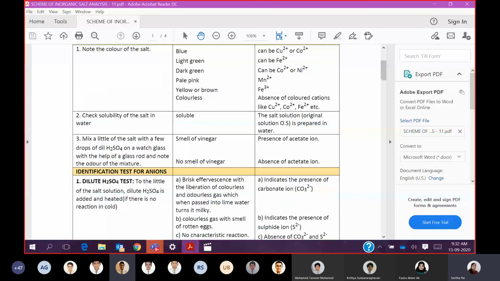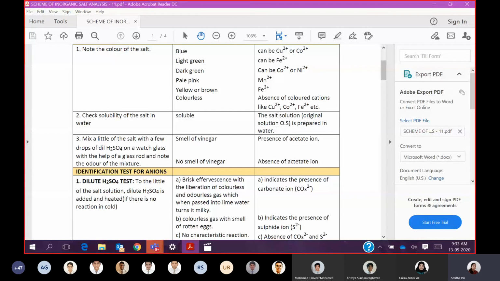Ma'am, why do we do this confirmatory test? Confirmatory because there is a chance for the salt to get contaminated. We are providing the salt to the students, so there is a chance for intermixing of the salts. In that case, even a minute particle will give you the test. Now, during heating, some students will drop the salt on the burner.